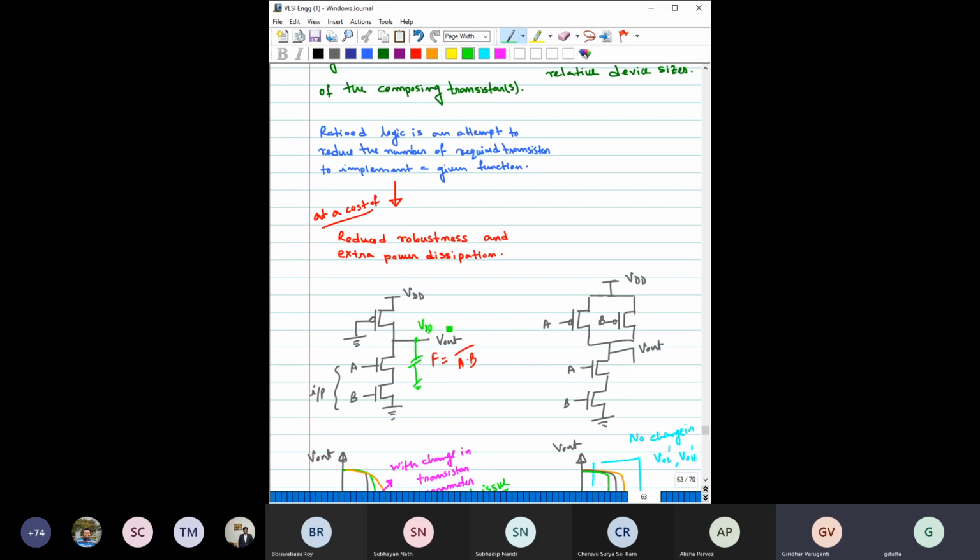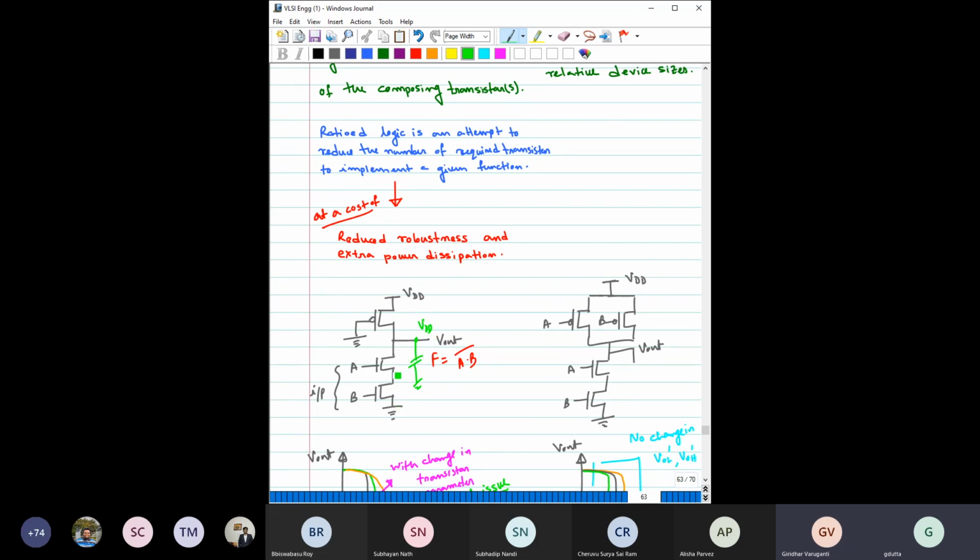I am expecting that the discharging capability of the NMOS pull down network is much more than the pull up network. If the driving capability of these two is higher than this, the entire current will be passed to the ground.